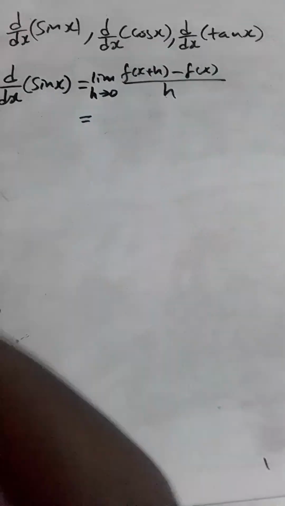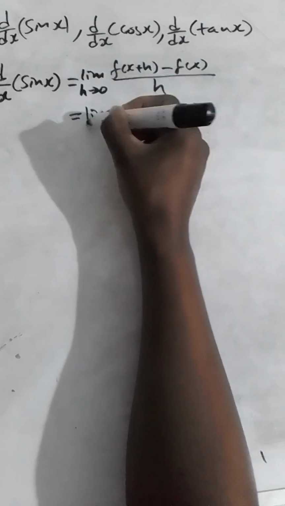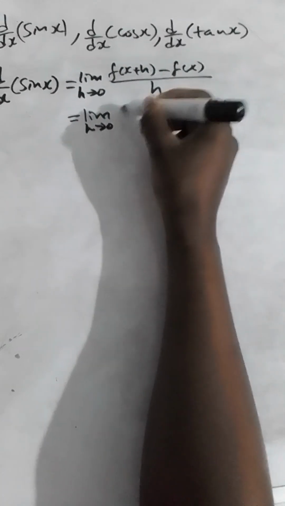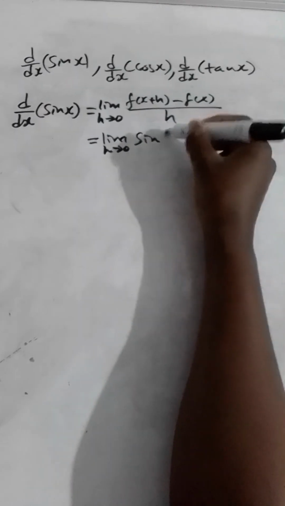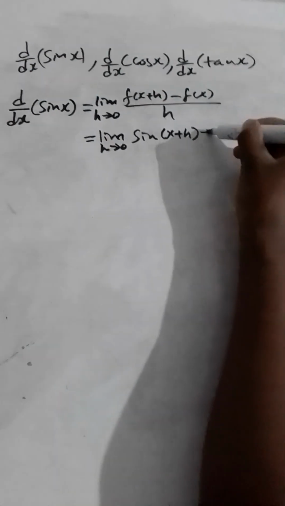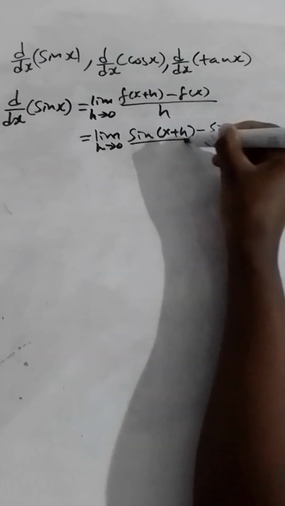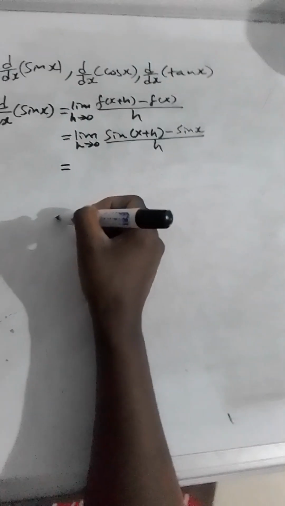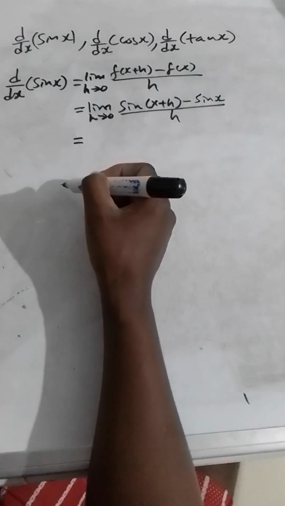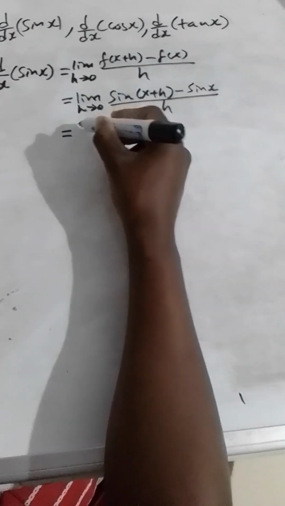But because our function is not f in this case, we're going to replace the f of x with sine. So we're going to have sine of x plus h, which is basically a compound angle. Hence the need to know compound angle formulae. Right, so that's what we have. Now, with our knowledge of compound angle formulae, if you don't know them, there are videos that we've created.